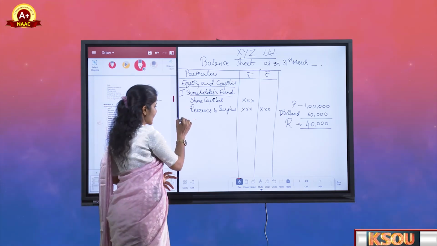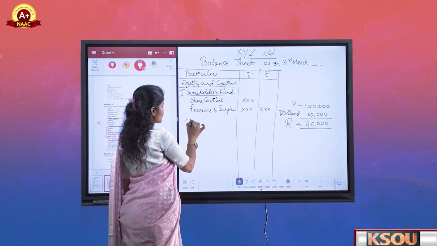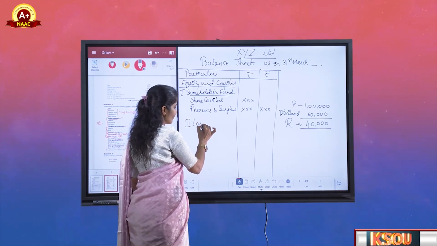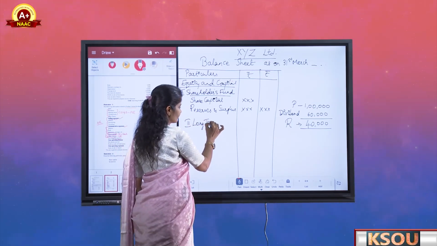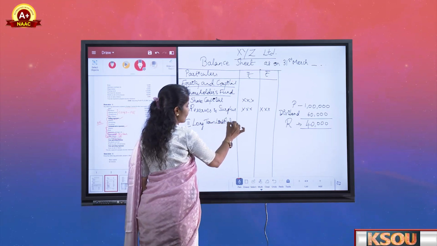The next item is long-term debt, also called long-term liabilities.